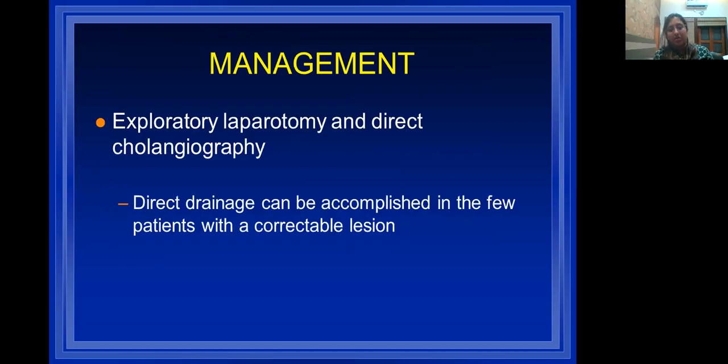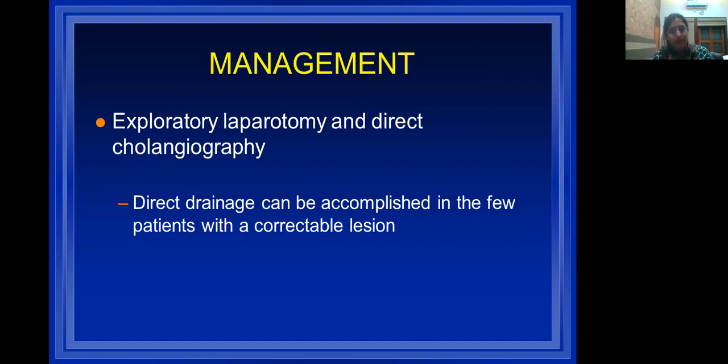Now coming to the management, the first step is going to be exploratory laparotomy and direct cholangiography. So as I had said, this is a therapeutic step in the management of extrahepatic biliary atresia, because we have to find out, first of all, at what point there is obstruction. Is it idiopathic neonatal hepatitis, or does it involve the biliary tree?